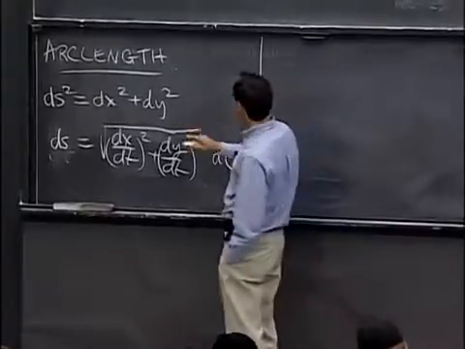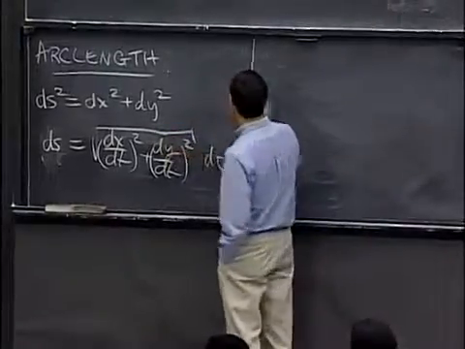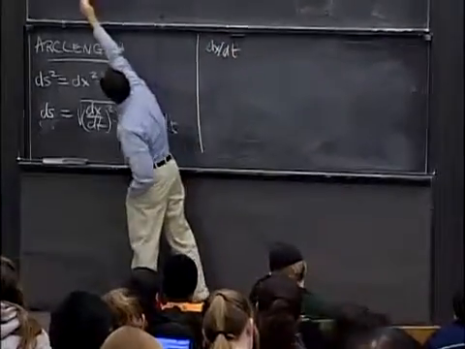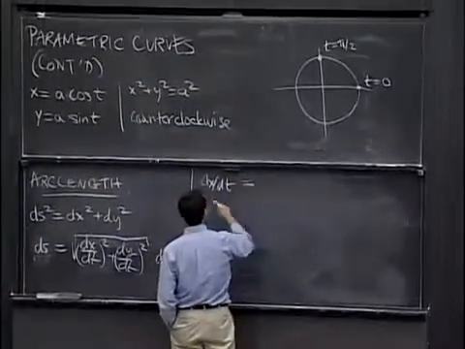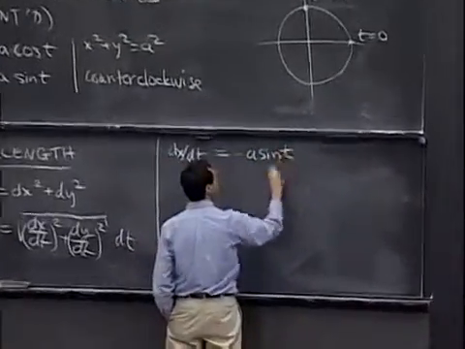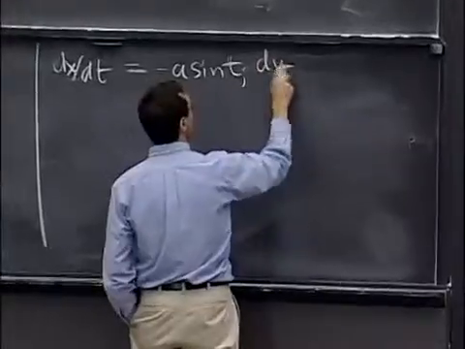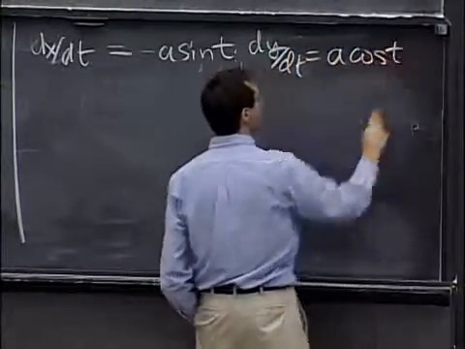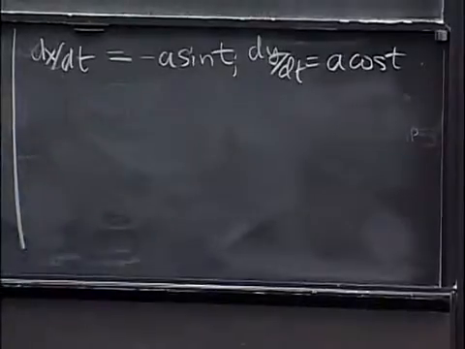And so to figure it out, I have to differentiate x with respect to t. And remember, x is up here. It's defined by a cosine t. So its derivative is minus a sine t. And similarly, dy dt is a cosine t. All right?